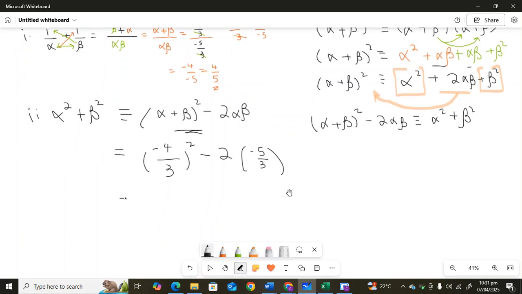You won't be penalized. So negative 4 over 3 squared. So negative 4 squared, that is 16. 3 squared, that is 9. This negative 2 times this negative 5, that is positive 10 over 3.